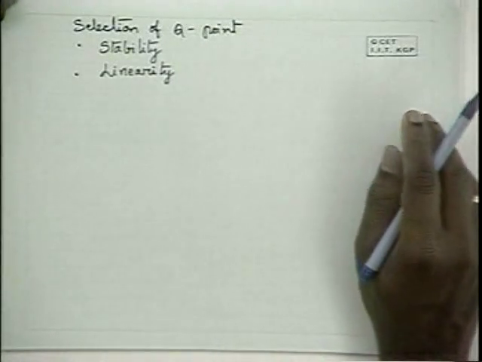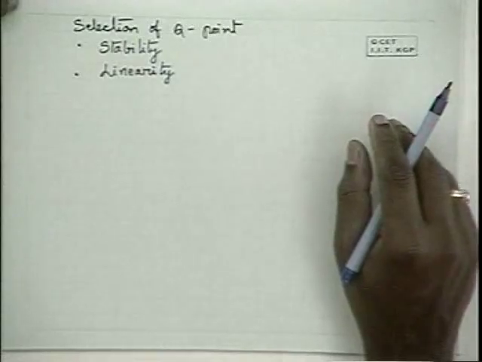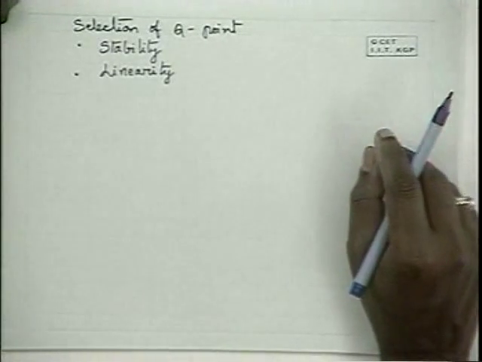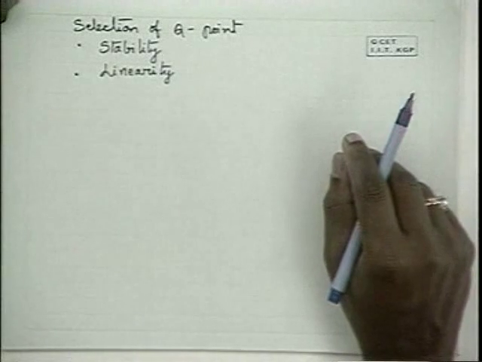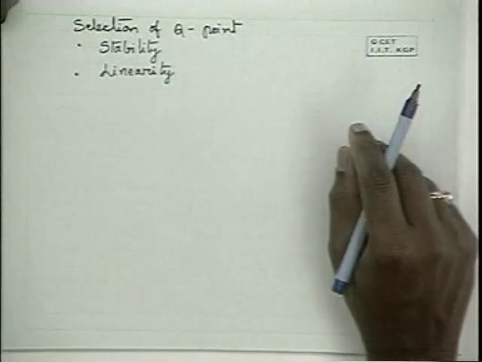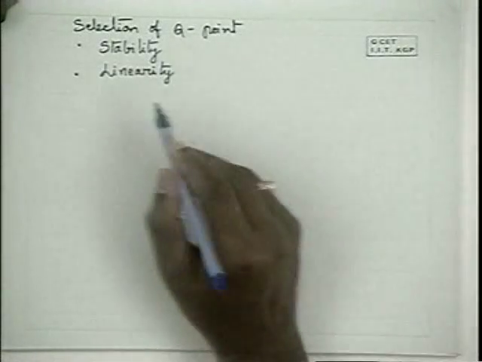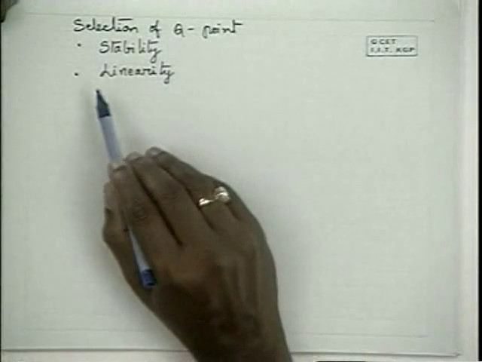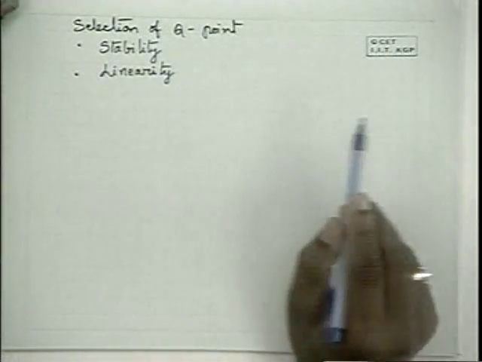Stability, I repeat, is stability of the Q point, that is VDSQ and IDQ, against device variations and against temperature variations. That is what I meant by stability.